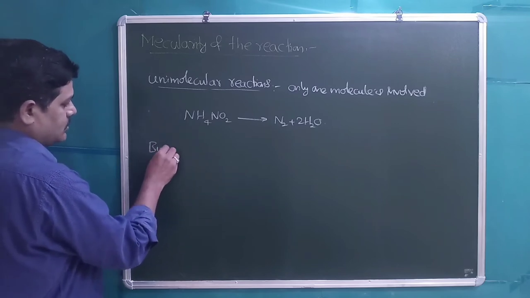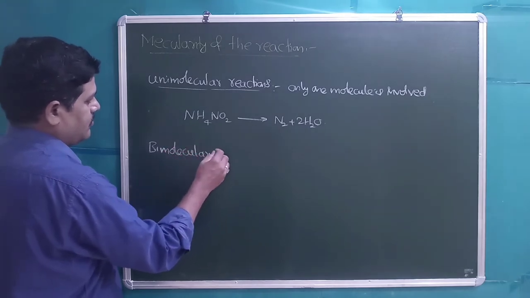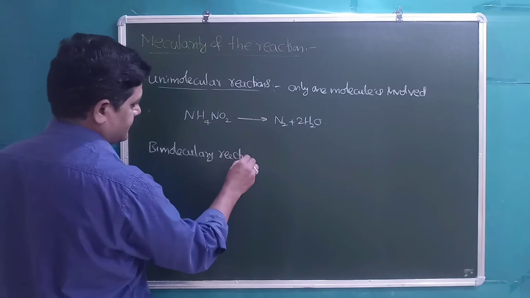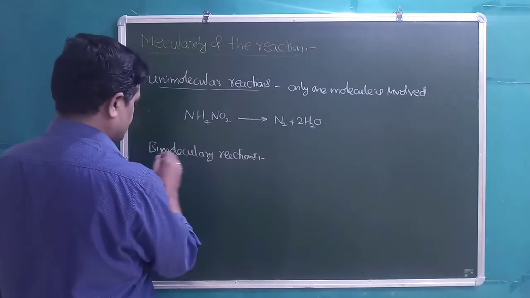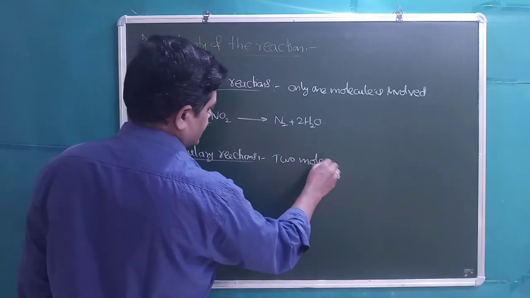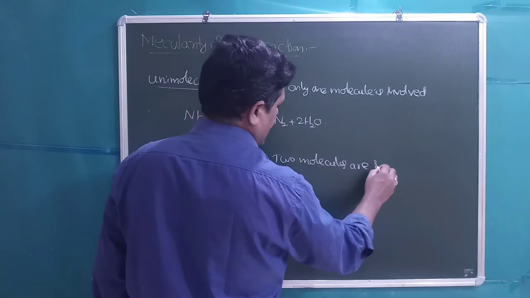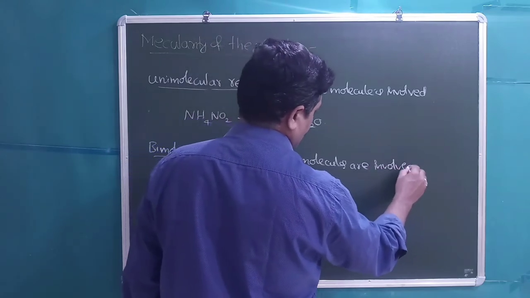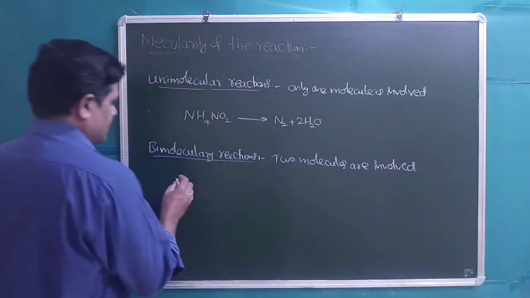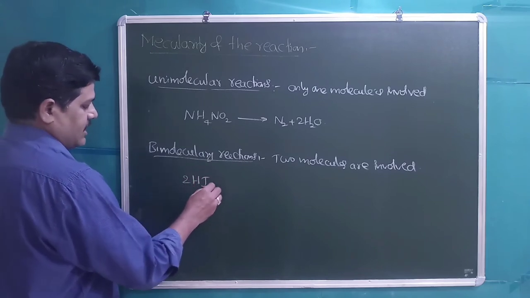Bimolecular reactions, molecularity of the reaction is 2. Two molecules are involved. For example, thermal decomposition of HI we will take.